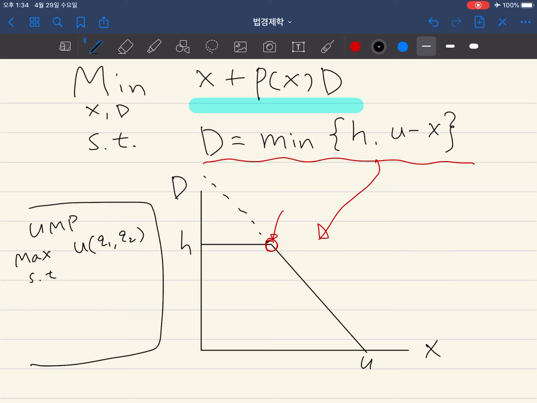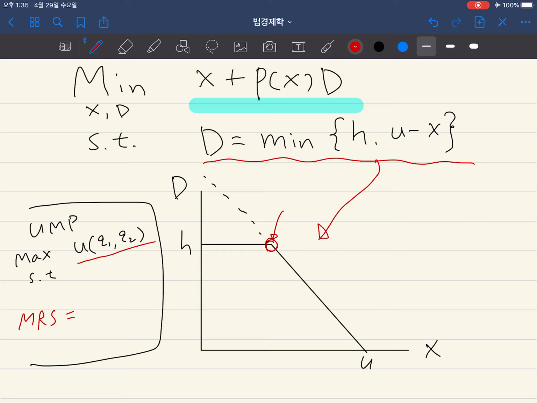So when we want to draw indifference curve using this utility function, what do we do? Remember, slope of indifference curve is MRS. We know this from undergrad microeconomics class.